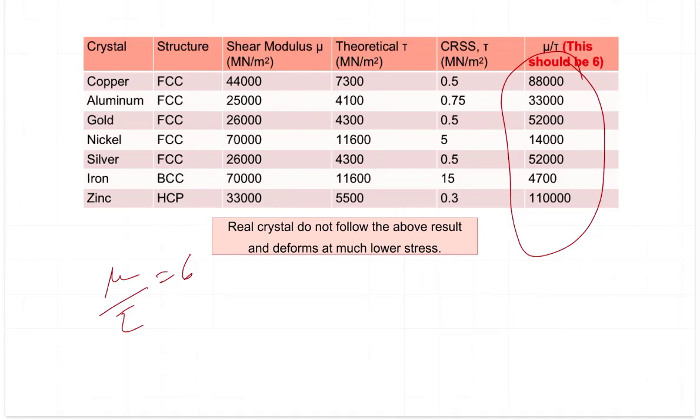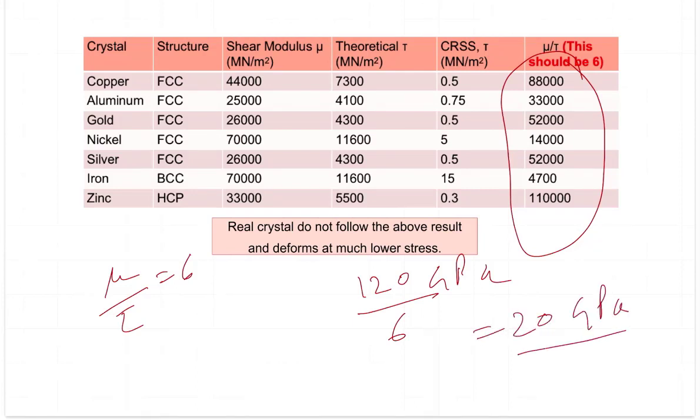So this is the CRSS. If the shear modulus is 120 GPa, you divide it by 6, you will get 20 GPa, but here the value is only in megapascal, 0.5 megapascal, 5 megapascal. This value is far, far less.